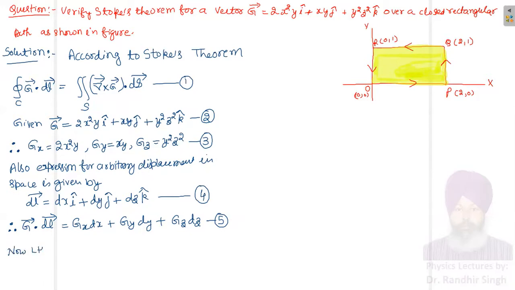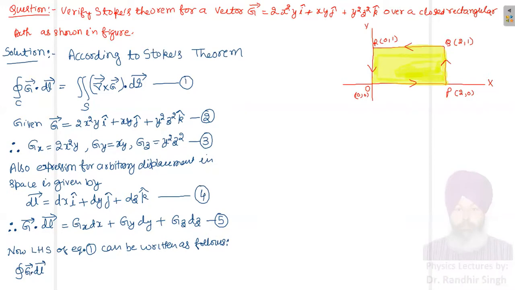Now the left hand side of equation 1 can be written as follows. We can write the integration over the closed path of g dot dl.